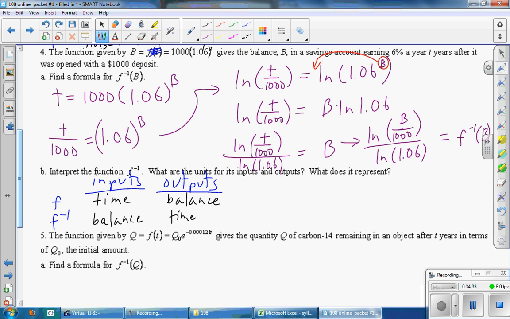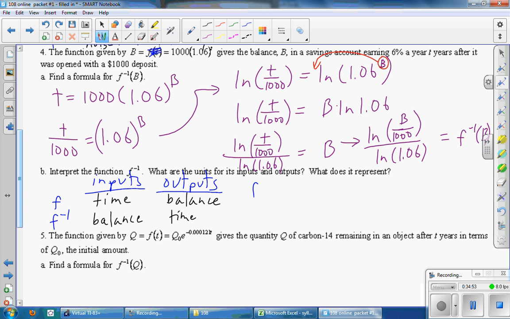The f function in this case is maybe one that you've thought about a bunch. Tell me how long you have to wait, and this f function can tell you how much money you have in the account. But a different problem, an inverse problem, says, well, if I need to have a certain amount of money in my account, how long must I wait? And that's the problem that the f inverse function addresses.